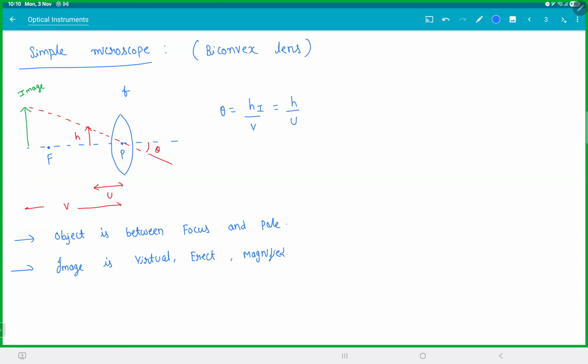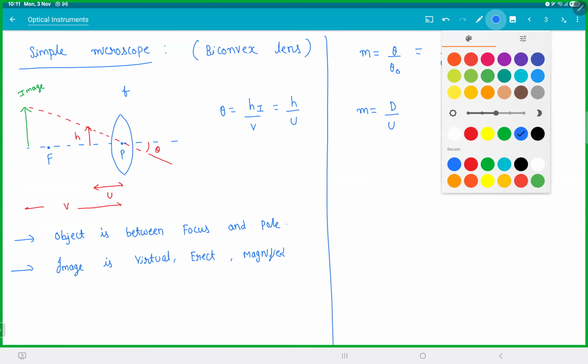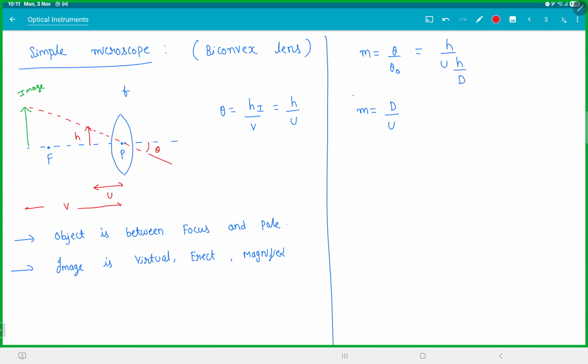So the magnification M is given by theta by theta naught. Theta is h by u and theta naught is h by D. So the magnification of a simple microscope is D by u, where D is the distance of least vision and u is the point where you keep the object. But remember, it must be placed between focus and pole.